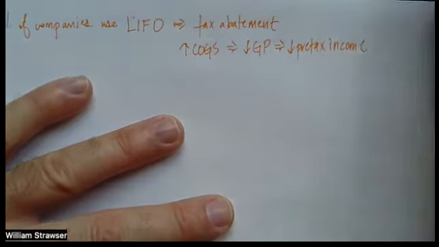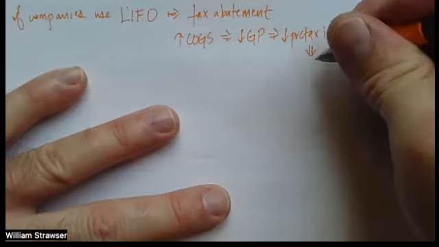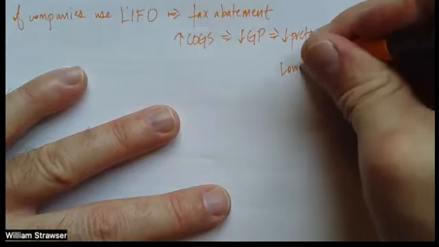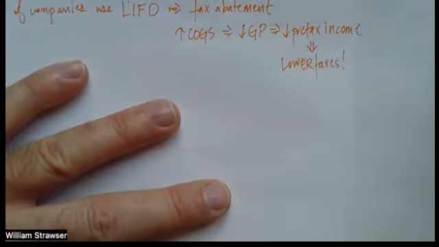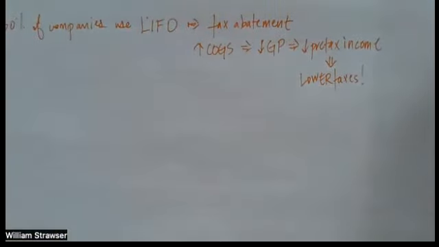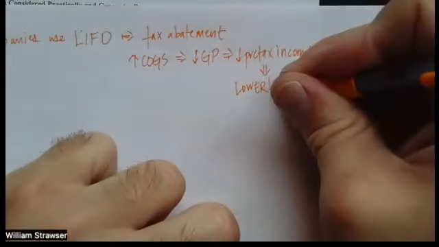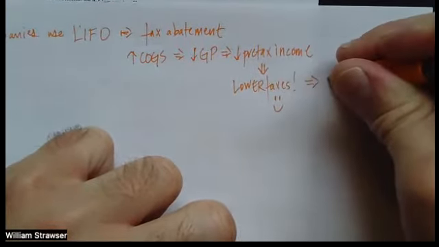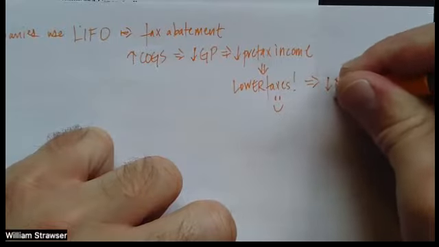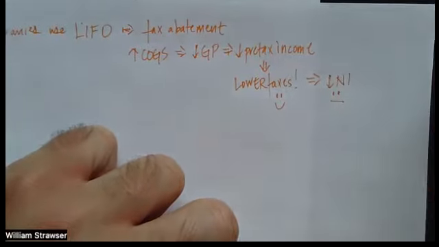And if I have lower pre-tax income, then I get lower taxes. And yes, you do also get lower net income. So that's a happy moment. And the net income going down, that's not necessarily a happy moment, right?